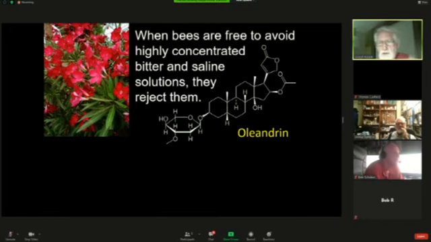This is not just in the nectar, it's also in the petals, in the leaves, in the stems of the plant. And so when the bees have other sources, they don't take this, they avoid it until they absolutely have to take it. They know it is toxic.